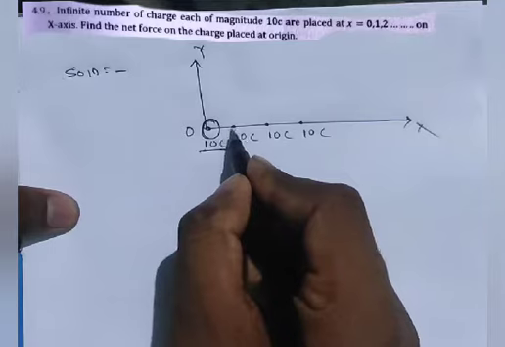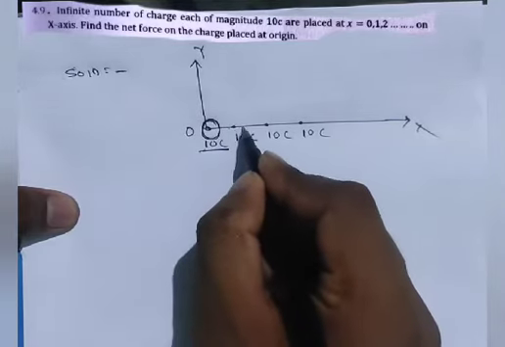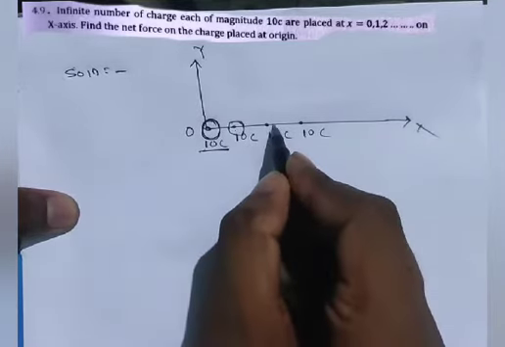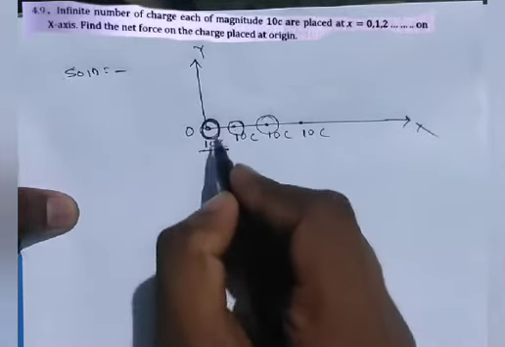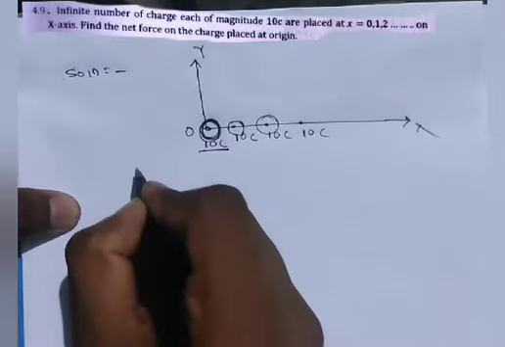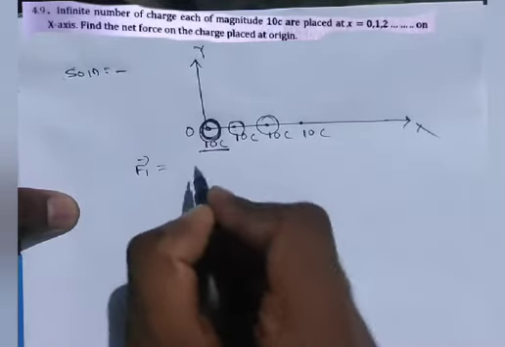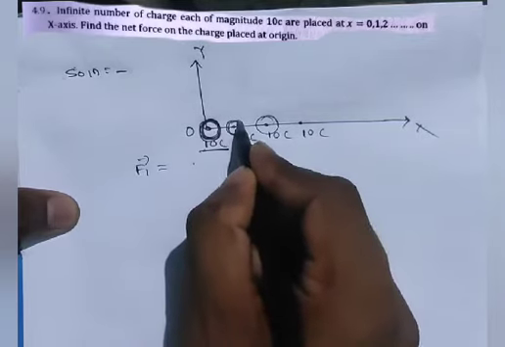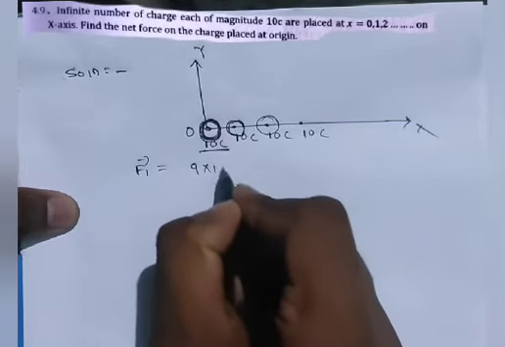First I shall calculate the force on this 10 coulomb due to this 10 coulomb. Then next I shall calculate the force on this 10 coulomb due to this one, and so on. So F1 will be the force on this 10 coulomb due to this 10 coulomb. So it will be 9 into 10 to the power 9.